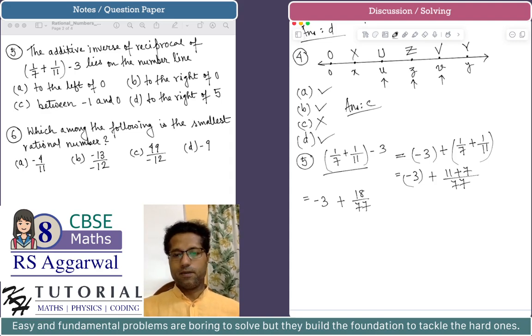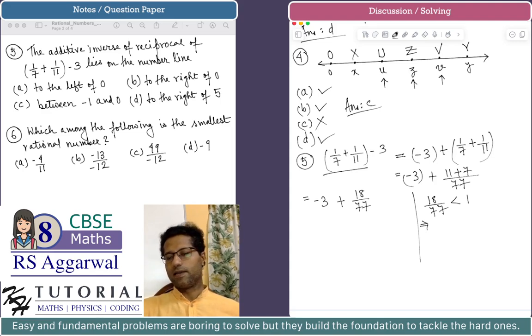18 by 77 is definitely less than 1. If we have this kind of inequality, I can add the same number on both sides, and the inequality will remain the same. So I can add minus 3 on both sides, and I see that this is less than 1 minus 3.